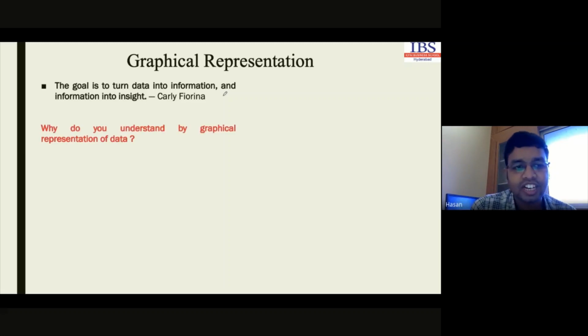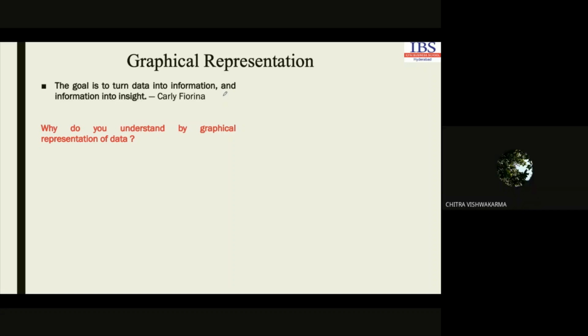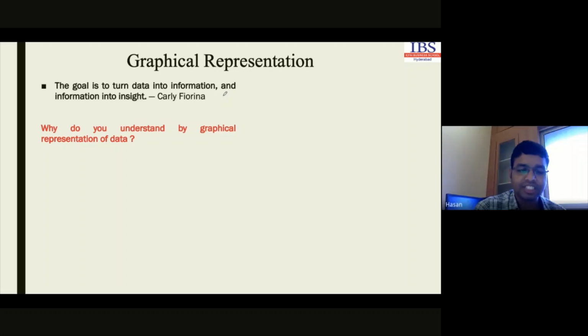Why do we need graphical representation of data? We can represent data in a table, so where is the necessity of graphical representation? Can anyone guess? Sir, it's easier to understand a bunch of data. Yes, very good. It is very easy to understand, which may not be possible using a table.